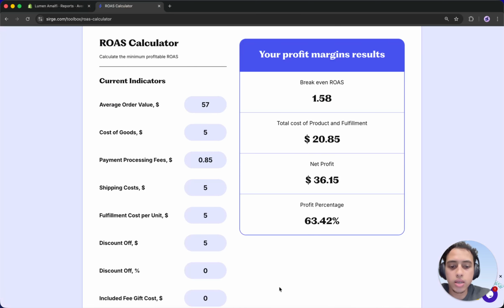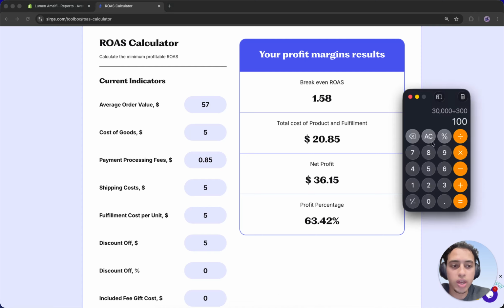You're basically going to take the total revenue for that product category. So let's just say we have sweaters, and our total revenue for that product, let's just say year to date, is 30,000. And we have sold 300 units year to date.